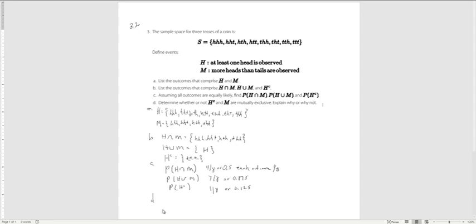So TTT is not part of M, so it is not in common, so they are mutually exclusive. So yes, H complement and M are mutually exclusive. There's example 3.